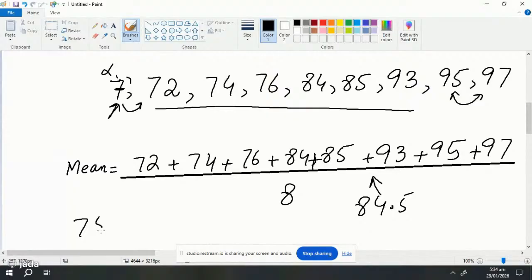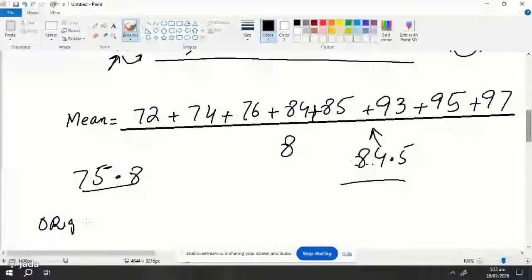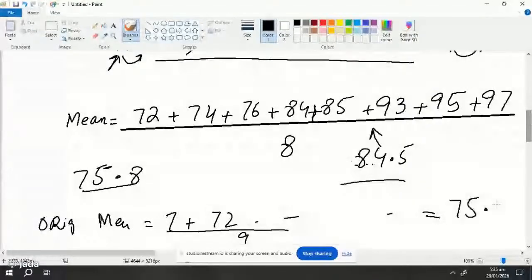Like, let's suppose this here, with the outlier values. Dividing by 8, and now it becomes 9. So then you get your answer, 75.8. So you can check both against the original value of the mean. So this is the original value of the mean, and this one is the new one, so you can say that in this way.